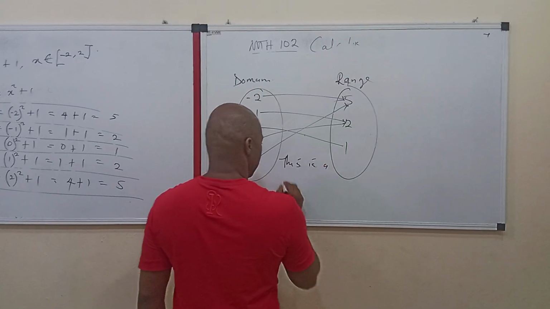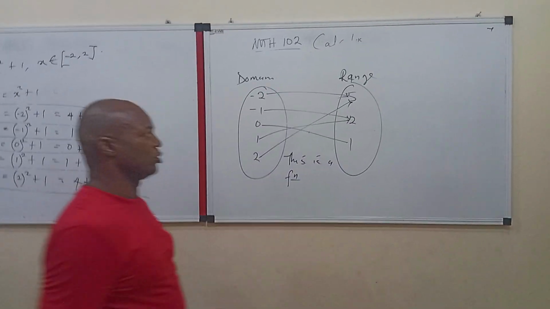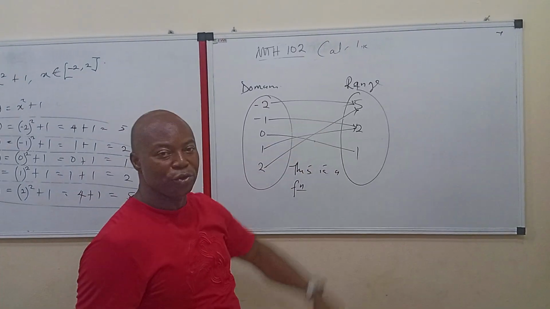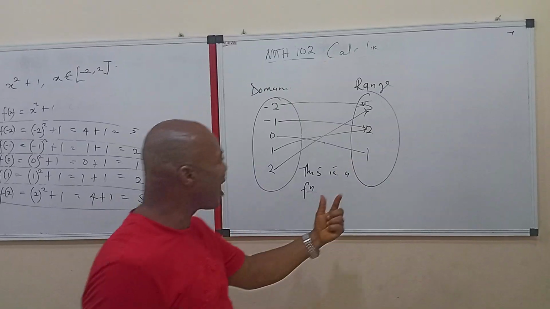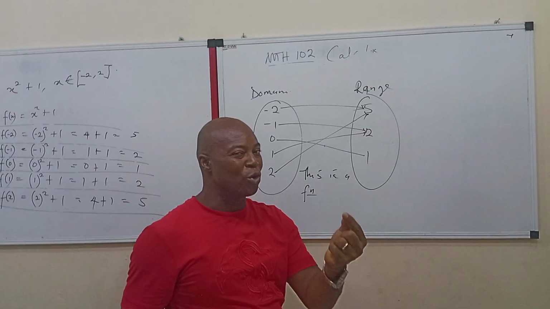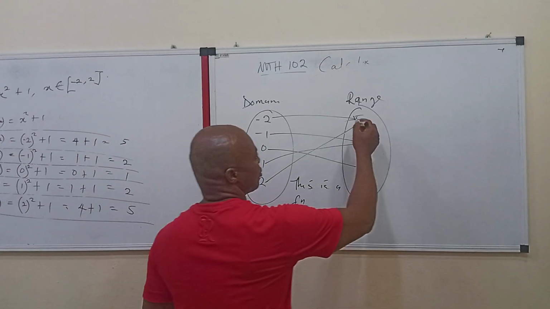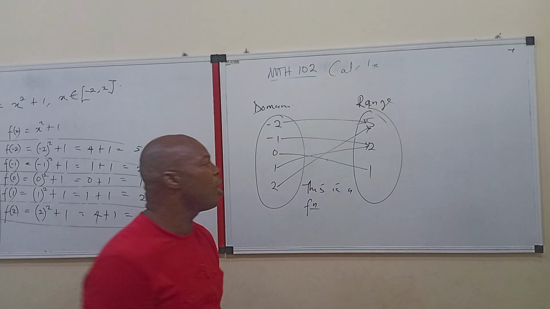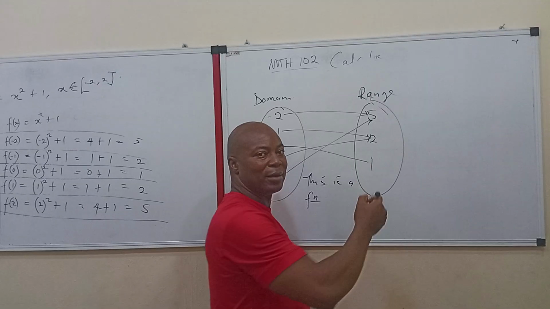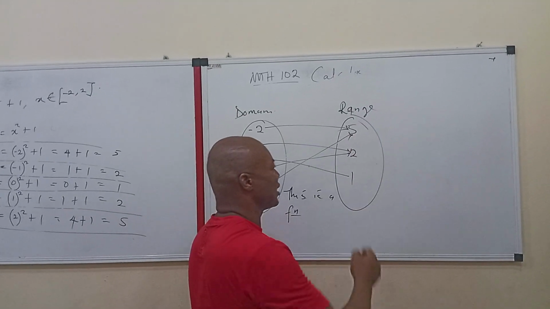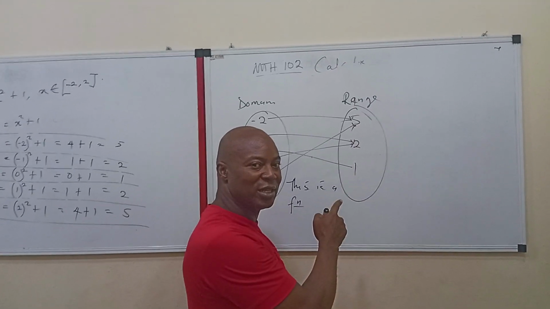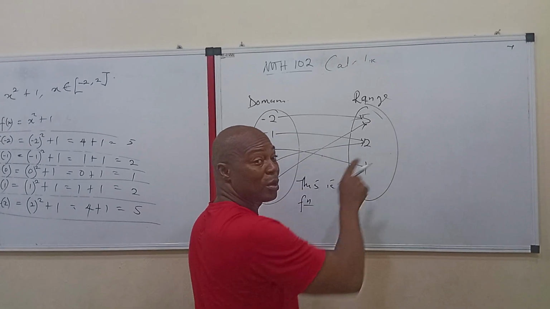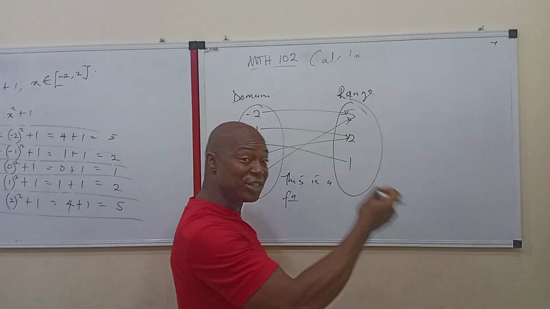This is a function because all the domain values are mapped out and they have unique values in the range. However, they are not in a one-to-one correspondence. But if you look at it, you see that all the range values are also mapped. In this kind of case, we say that it's not injective. In the case where all of them have a one-to-one corresponding mapping, we say it's injective.